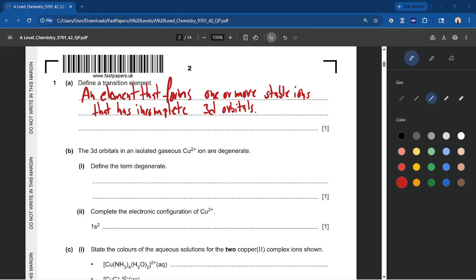So as long as you write that, it's a one-mark question, you don't have to worry too much, but these are the two things you need to mention. The one or more stable ions and has incomplete 3D orbitals.